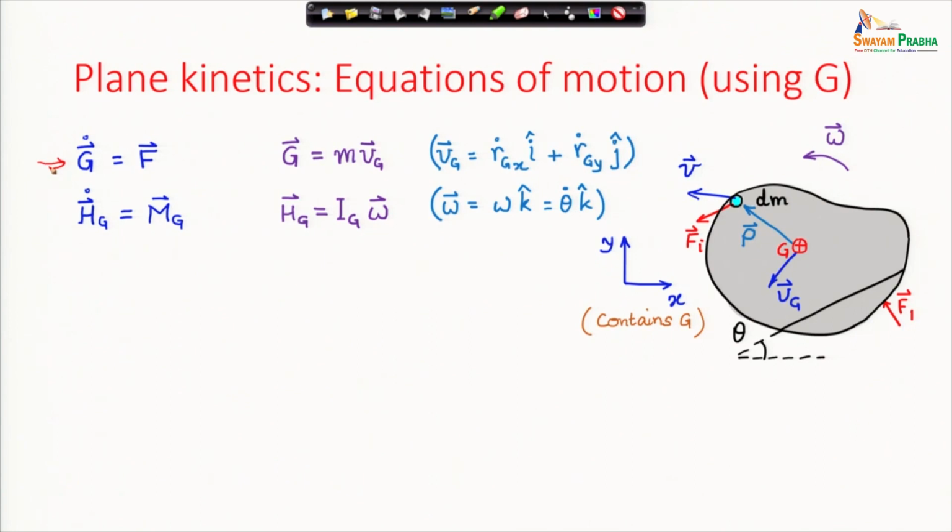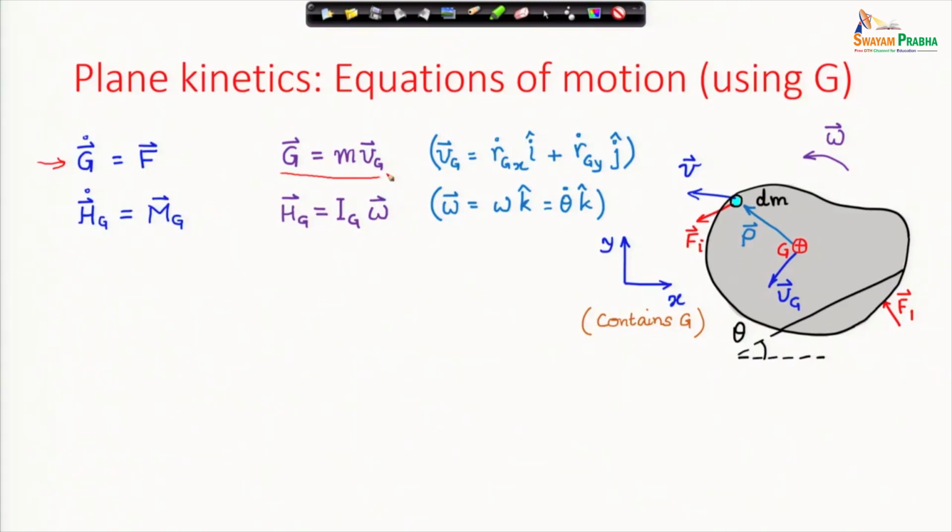The rate of change of linear momentum of the center of mass is equal to the net force acting on the body, and the linear momentum of the center of mass is defined like this: the total mass times velocity of the center of mass. And since the center of mass lies in the xy plane, its velocity is represented in this form.